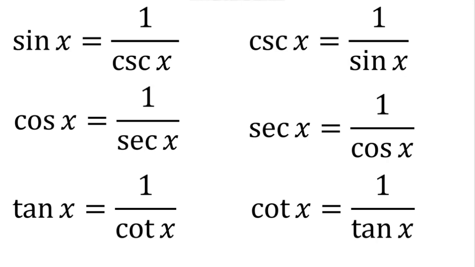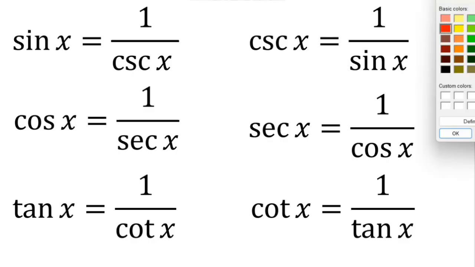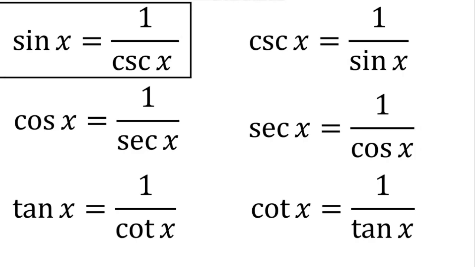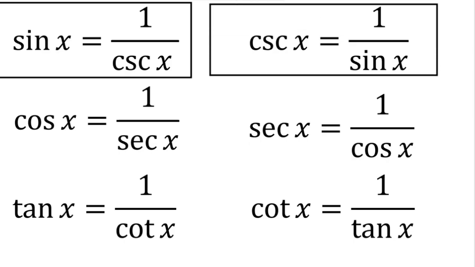Today we're just going to solve problems regarding the reciprocal identities of trigonometric functions. Every trigonometric function has its own reciprocal identity. Sine x has the reciprocal 1 over cosecant x, and cosecant x is 1 over sine x.